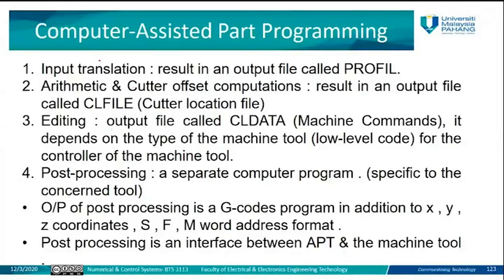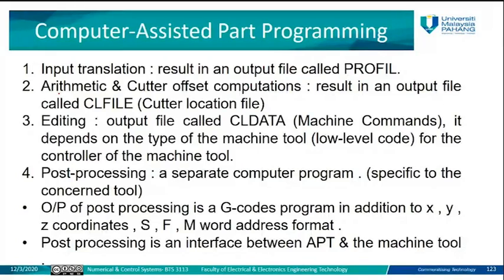So these are the tasks that will be done by APT. Input translation results in an output file. Since we are dealing with a computer here, all the information will be saved in some file. For example, this we call the profile, the main part or main program profile.